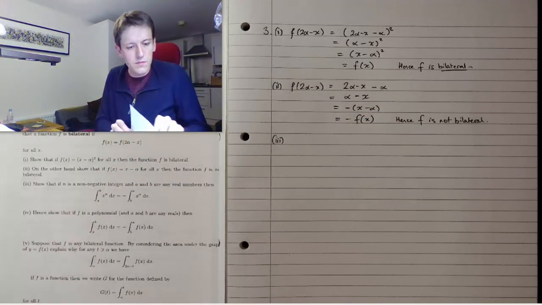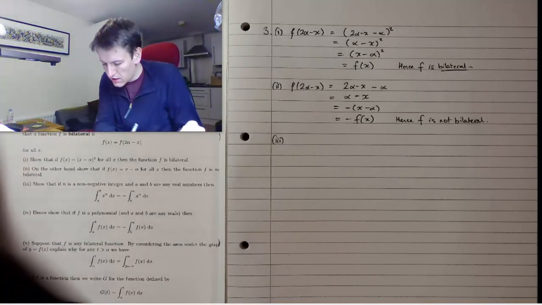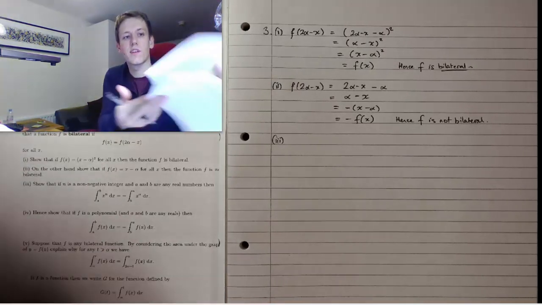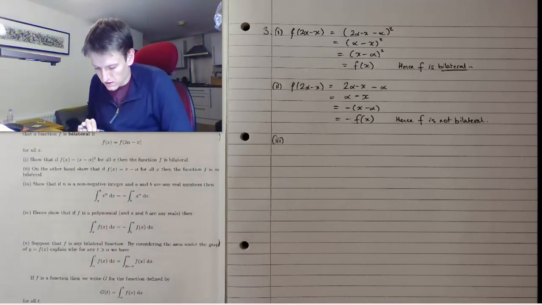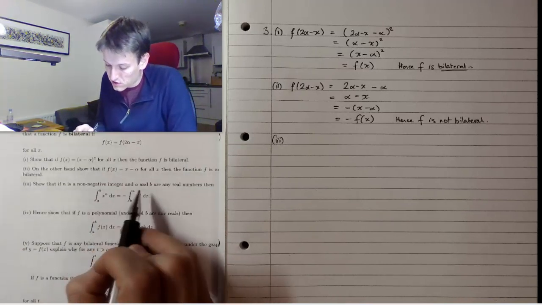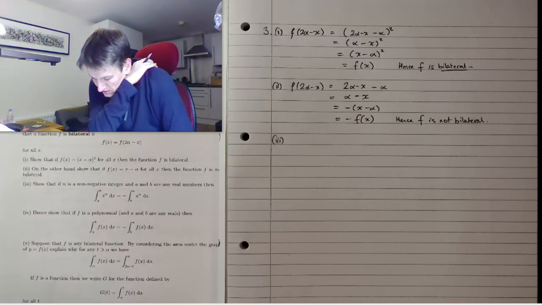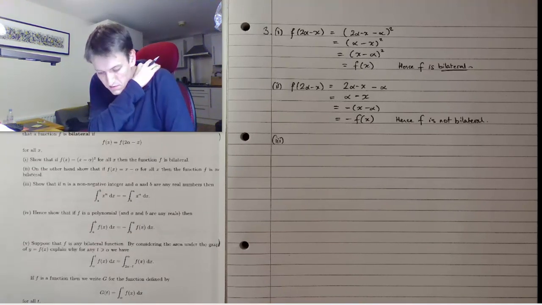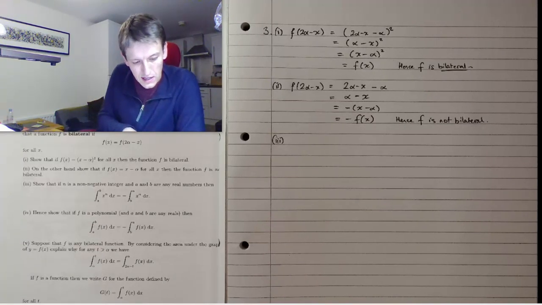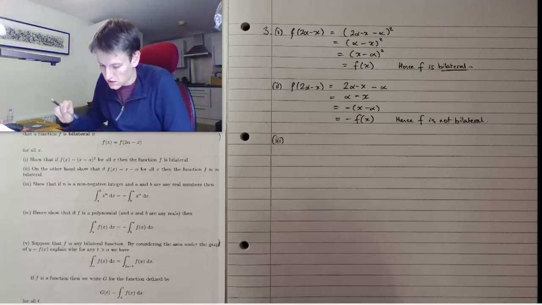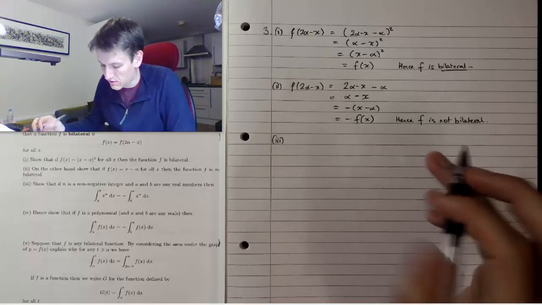So part 3, it says show that if n is a non-negative integer and a and b are any real numbers, then the integral from a to b of x to the n is minus the integral from b to a of x to the n. And I think this is just straightforward crunching out of the integrals here.